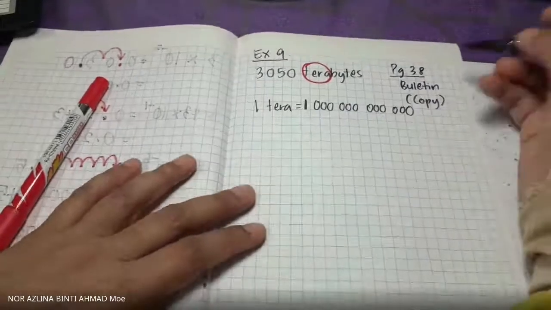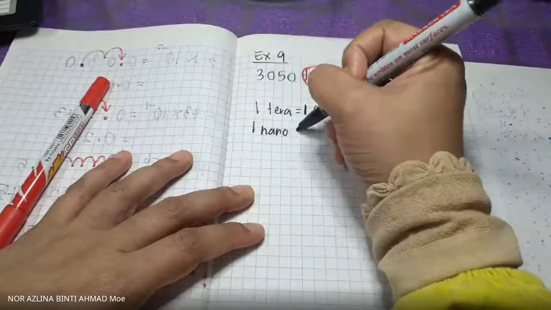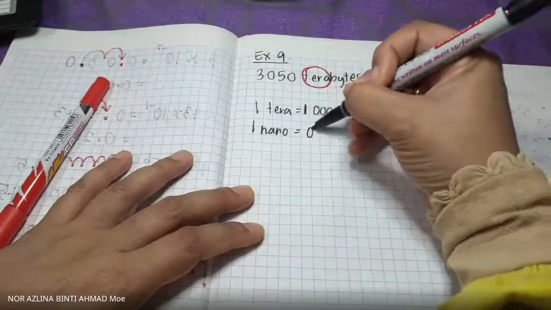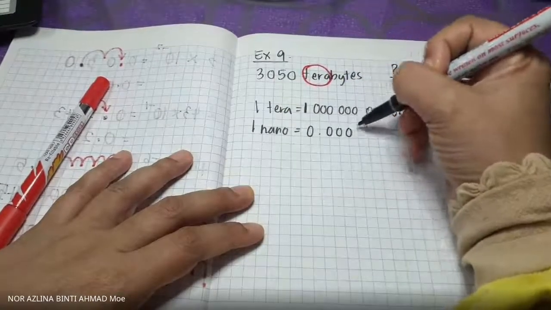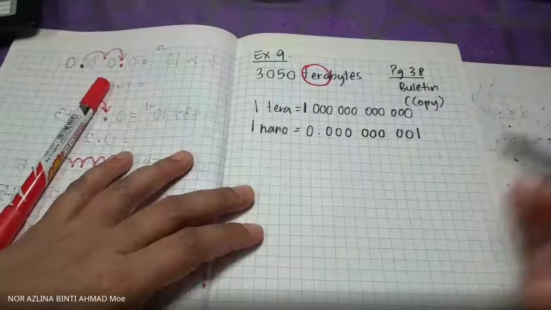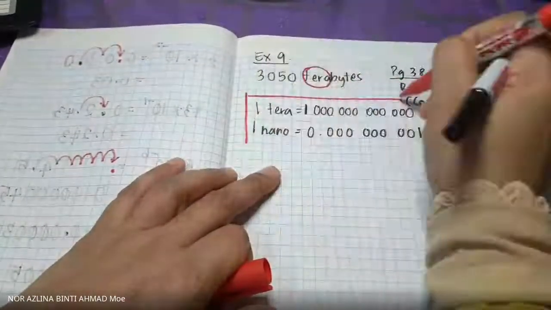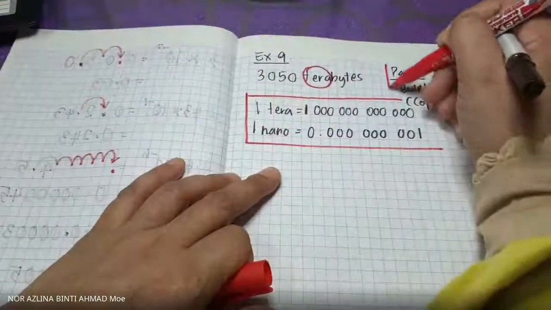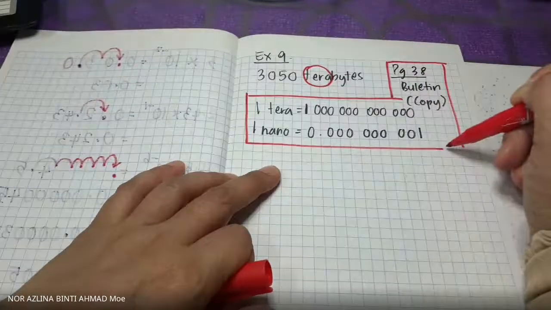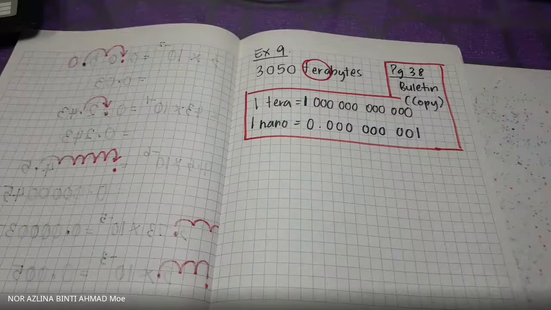Okay, this is 1 tera. 1 nano, 0.123, 4, 5, 6, 7, 8, and here 1. Please copy this. Page 38, bulletin. 1 tera and 1 nano.